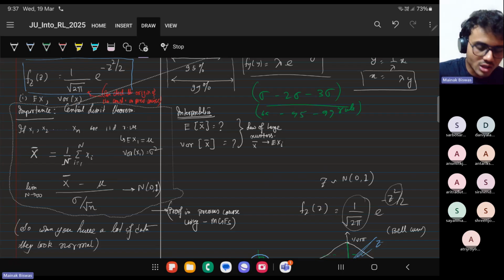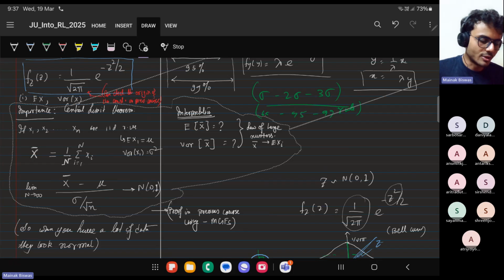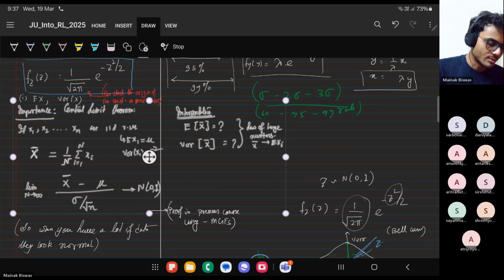This is going to be used a lot in reinforcement learning because we'll be using the law of large numbers a lot. We will not do the calculations, but we'll be using this property a lot. So pay attention.